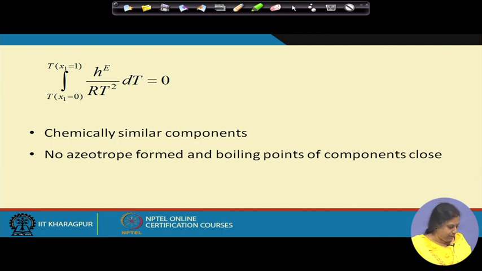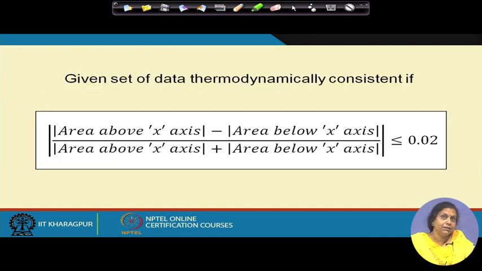Now, this much is sufficient for this class, but while you are using some particular technique to find out thermodynamic consistency, it is also important for you to remember the drawbacks of this technique. In this technique, firstly, we have assumed constant temperature and pressure.